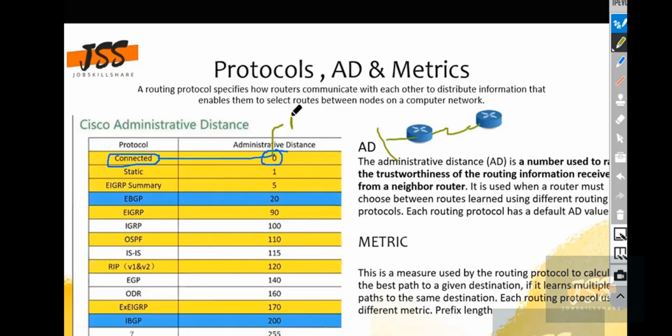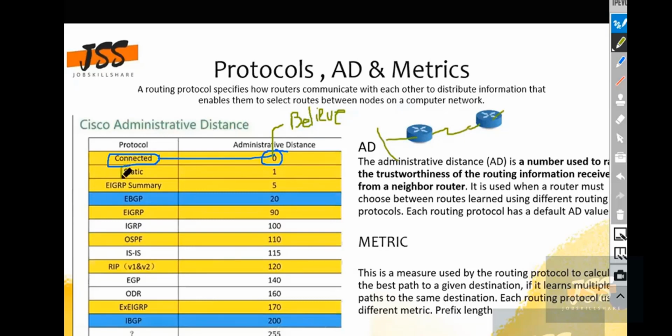It is the believability. Believability means it is going to prefer what? Of course, if it is directly connected, then without looking at other protocols, it is going to prefer this one, because this is directly connected.